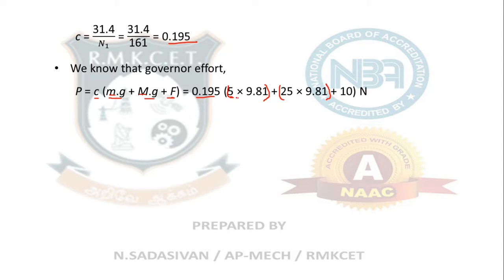So this is ball mass, sleeve mass multiplied by gravity plus 10 Newton friction. This is the unit, so this is Newton. So therefore, it comes to 57.4 Newton is the governor effort when you have friction. So governor effort equal to 57.4.